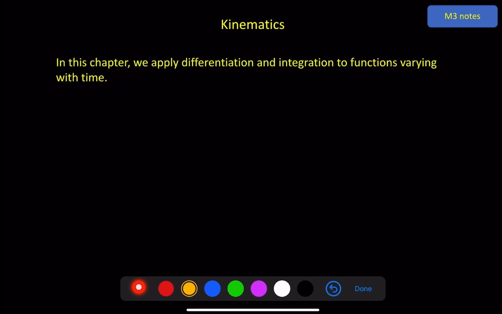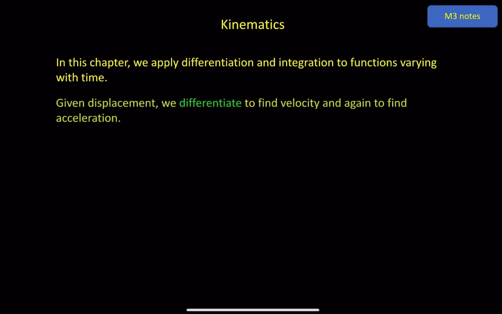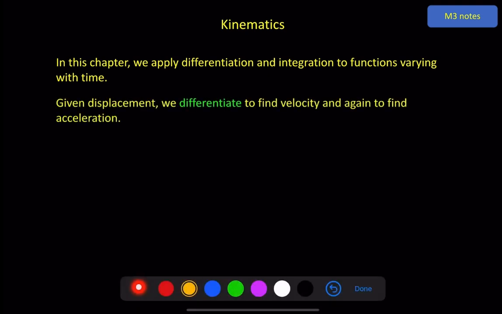So in this chapter, we apply differentiation and integration to functions varying with time. Given displacement, you can differentiate that. So if you've got s, you can then find v by doing ds by dt, where s is a function of time. And then you can differentiate v to find a.